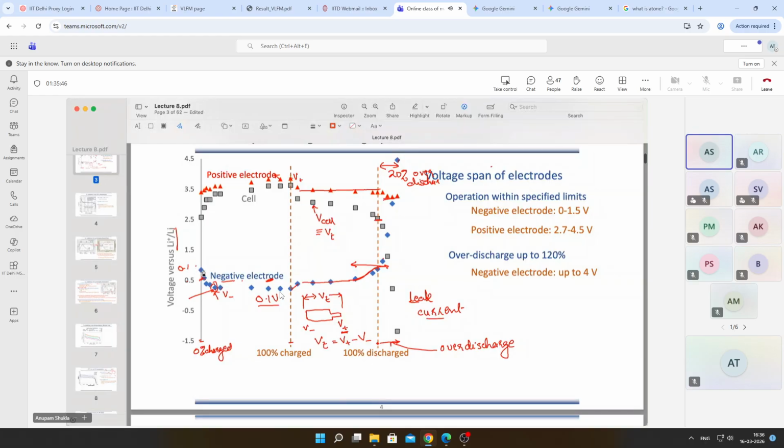As we continue to charge, the potential of the negative electrode falls. So in the first generation, when people tried to use graphite as the negative electrode, when you charge the battery, lithium ions are going inside, solvent is also going inside, and at the same time the potential is going down.